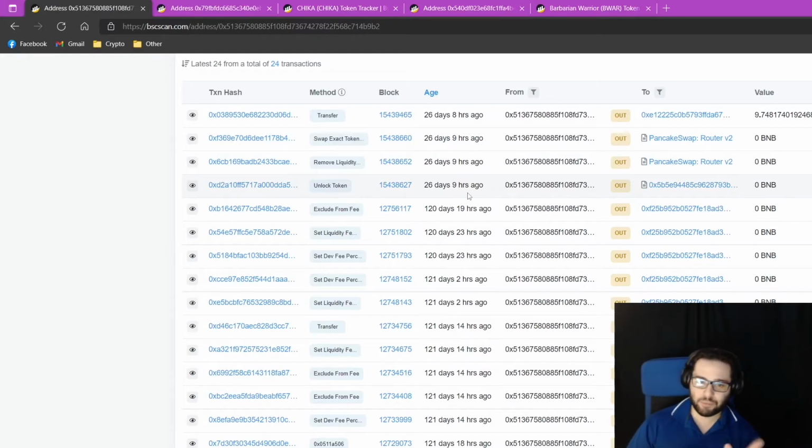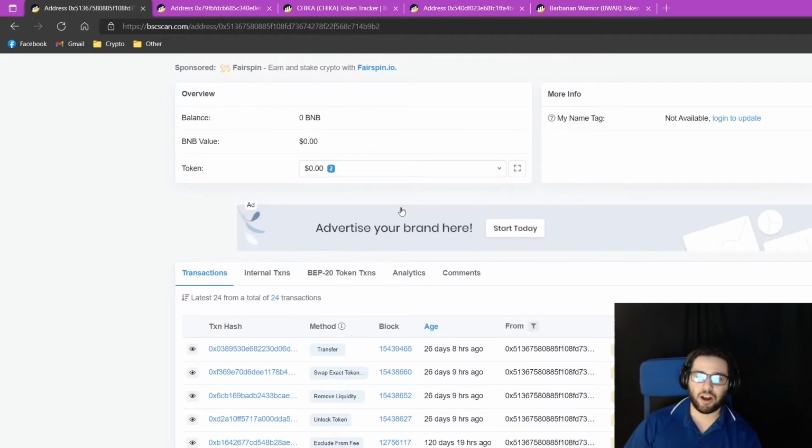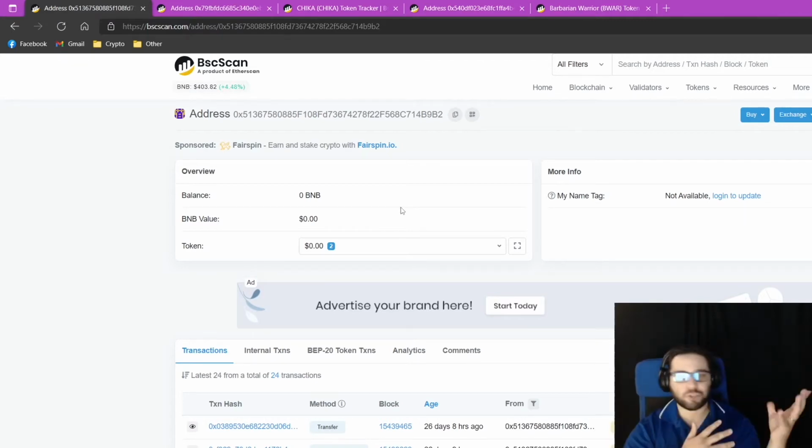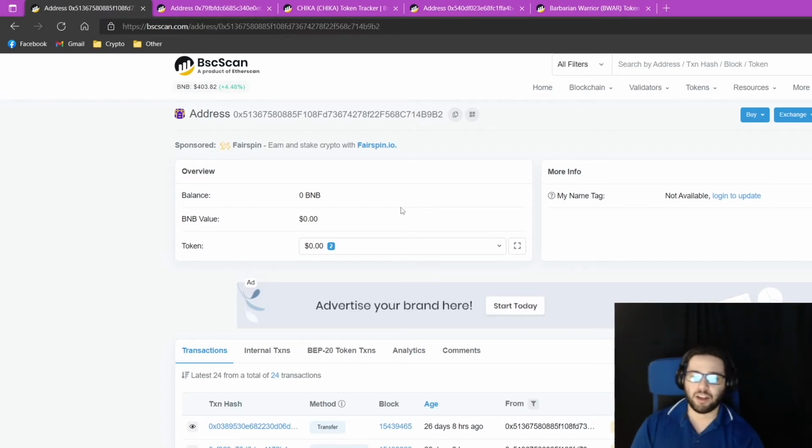So I'm not going to say the token that this was for, but this is basically one of those long pull rugs where they set the lock token liquidity to 90 days or 120 days. In fact, I think this one was a 90-day lock. And then as it starts to grow, I think this one hit about a 1.2 million market cap, and then just bam, they took all the liquidity right out of it.